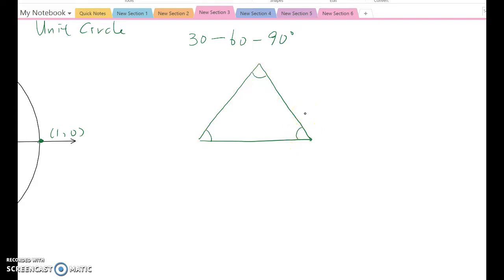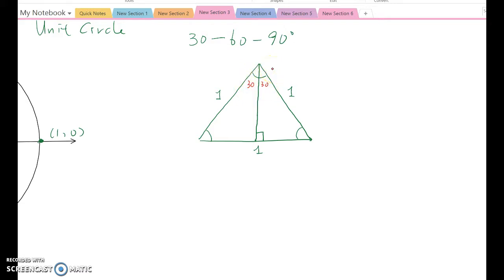If I make this 1, then they're all 1, right? Now I'm gonna just bisect this angle like this, then it becomes 90 degrees. Because I bisect this angle, each one must be 30 and 30 here, right?